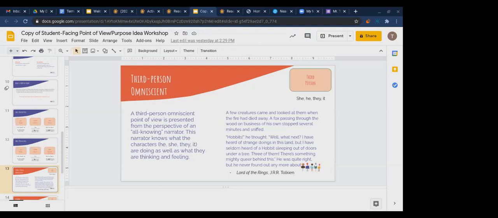Are we able to know what the fox thinks? How he feels? Yes or no?